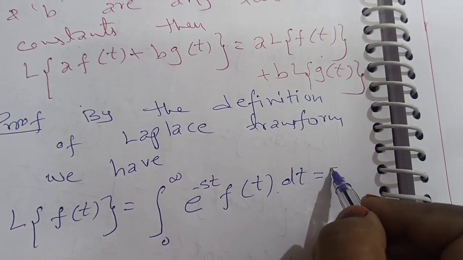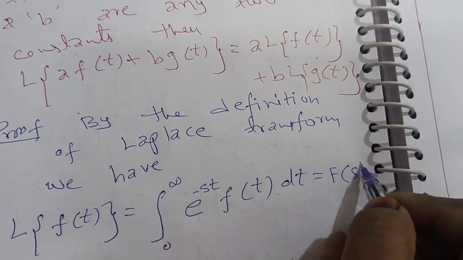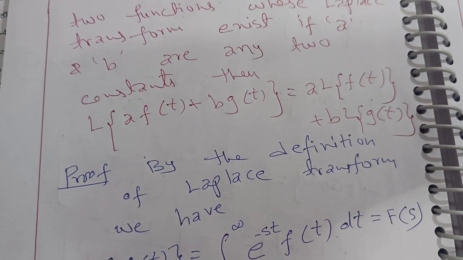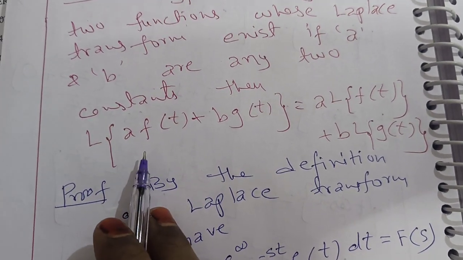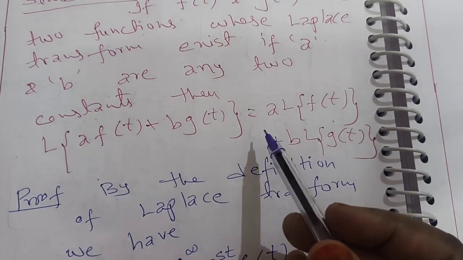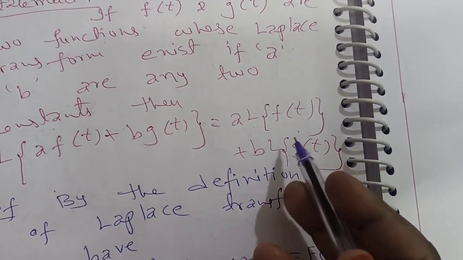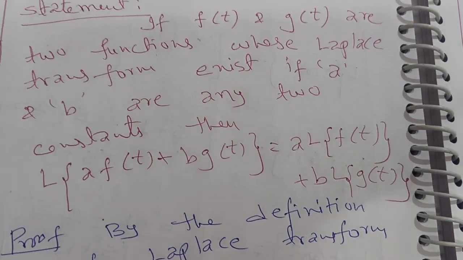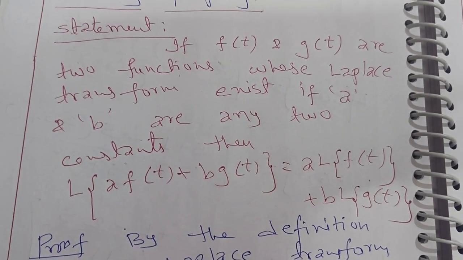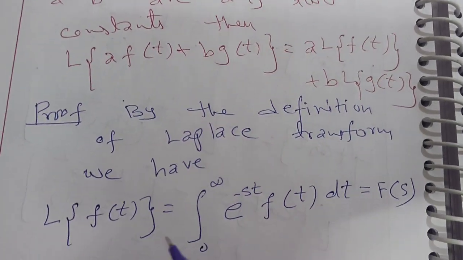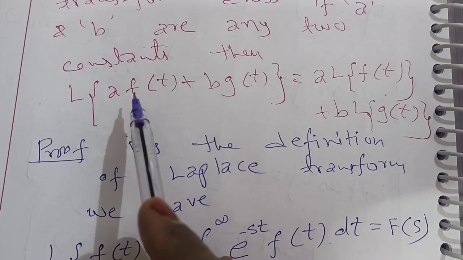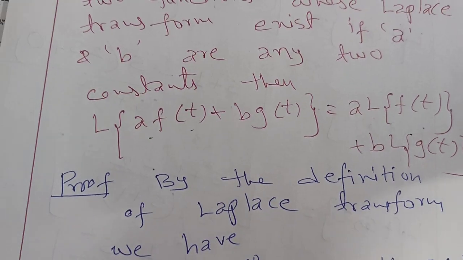This is also equal to F of s. So here we have to prove L of a f of t plus b g of t is equal to a into L of f of t plus b into L of g of t. So in place of this f of t, we will substitute a f of t plus b g of t.